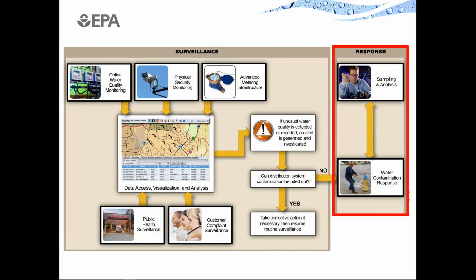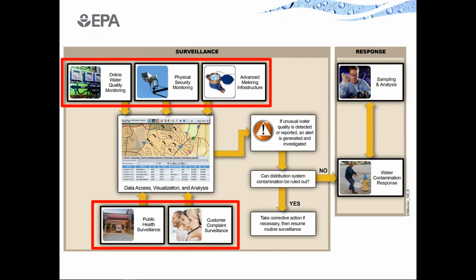And if contamination can't be ruled out, then we move into the response phase, where we would implement sampling and analysis activities to try to pinpoint what the problem is.